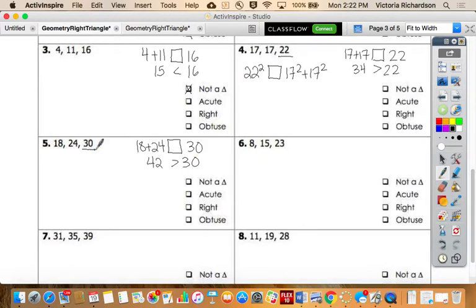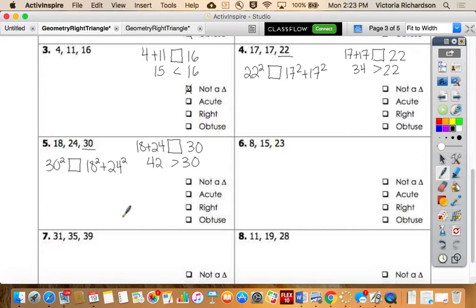So I'm going to start with my largest side, which is 30 squared, and I'm going to compare that to the two smaller sides squared, which is 18 squared and 24 squared, and I'm going to find the sum of that. And then when I figure out if it's greater than, it's obtuse, less than, acute, equal to would make it a right triangle.